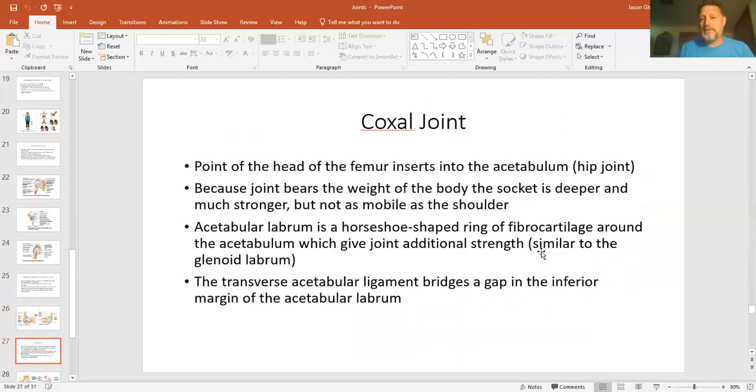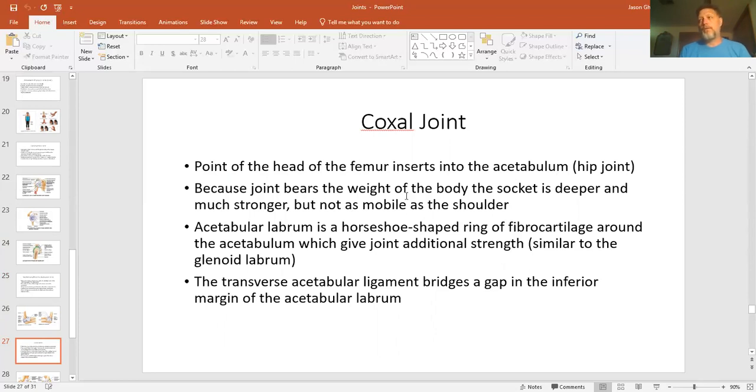The coxal joint, coxal is hip. All right, so this is where the femur meets the acetabulum, which is kind of like the glenoid cavity of the hip. This is where the head of the femur holds most of the body weight.